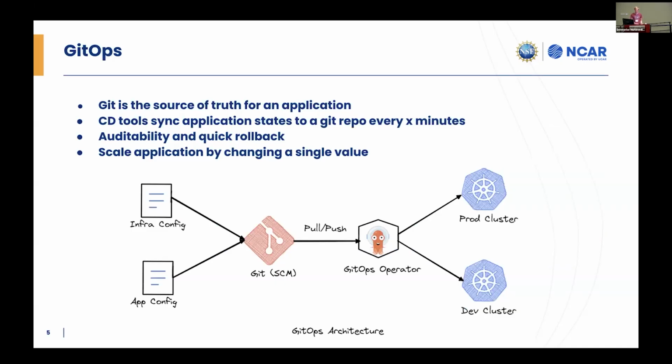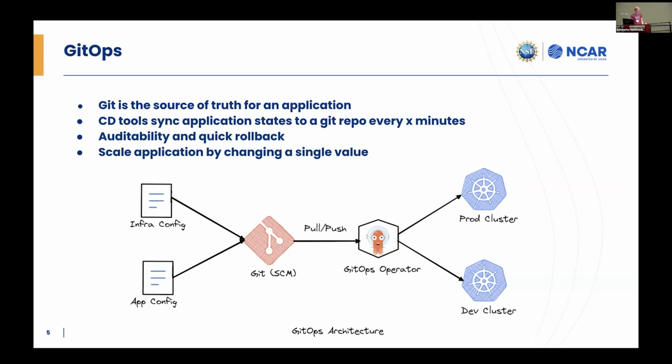Another aspect of this is getting into GitOps. Maybe some of you have heard this before, maybe not, but it's the idea that Git, and this could be GitHub, GitLab, whatever, is your single source of truth for your infrastructure or application itself. Our internal cloud infrastructure is almost completely controlled by Git.